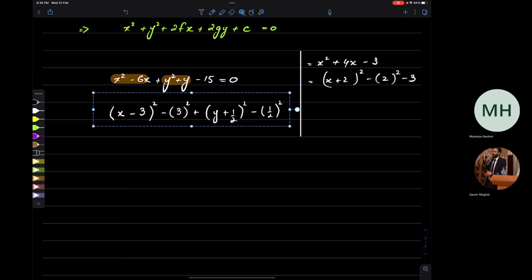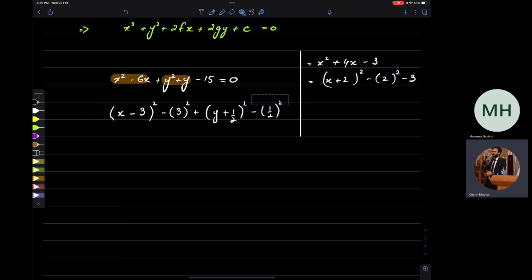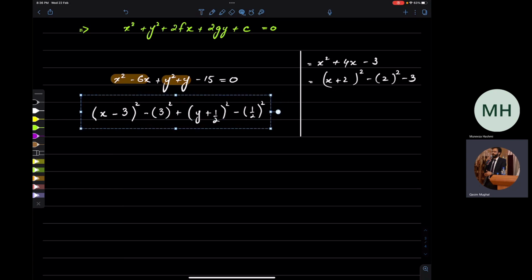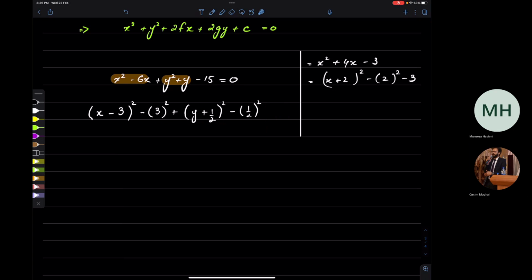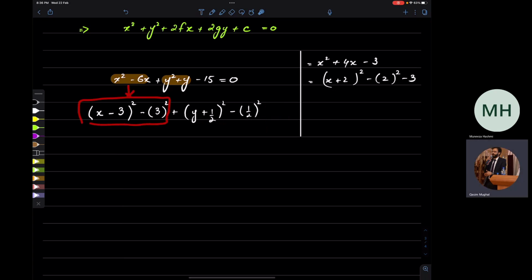Now you can clearly see that I've got one thing left over. This thing here I got from the first highlighted part, and this thing here from the second highlighted part. This is left, so I'm going to copy it down here so that I have the exact equation as earlier.